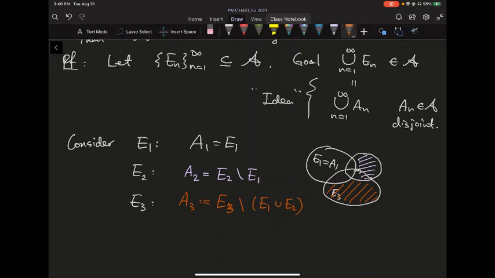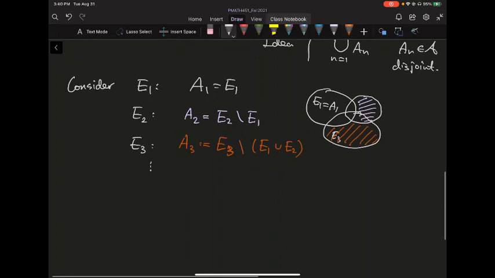And now you can kind of see the pattern here. If you just keep going, you can write down a formula. So for En, if you want to find something that's disjoint, you better let An contain everything in En, but you don't want anything from the first n minus 1 of them, so you take away the union of i going from 1 to n minus 1 of these Ei.